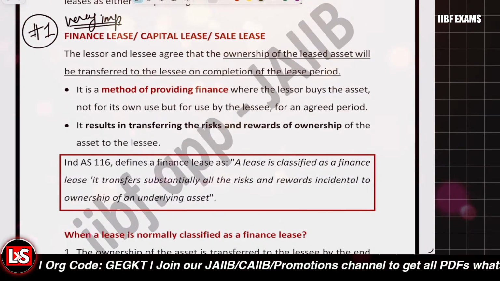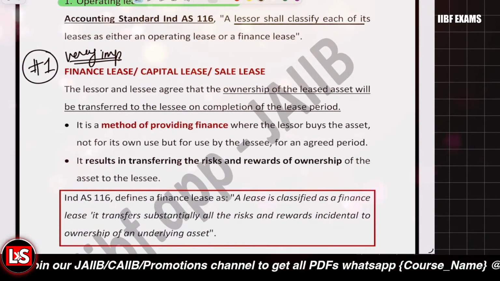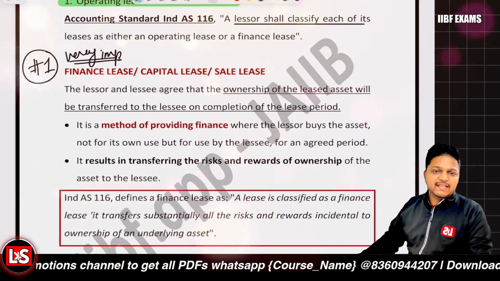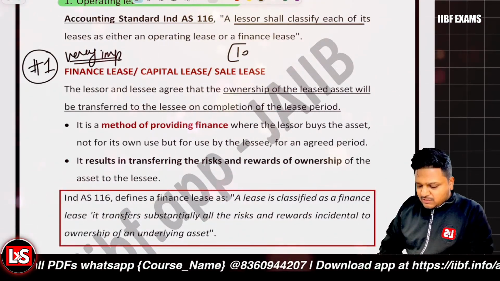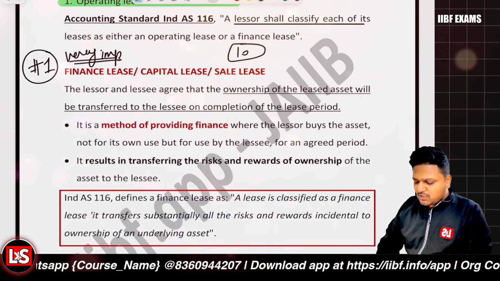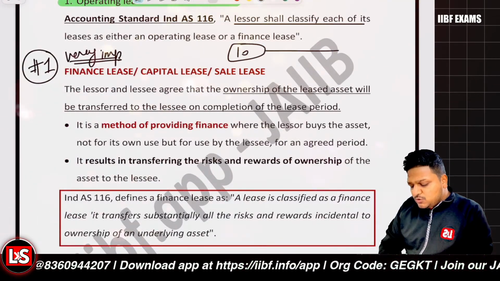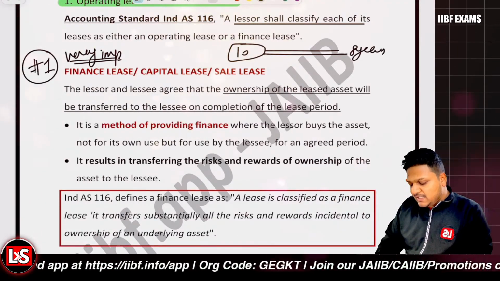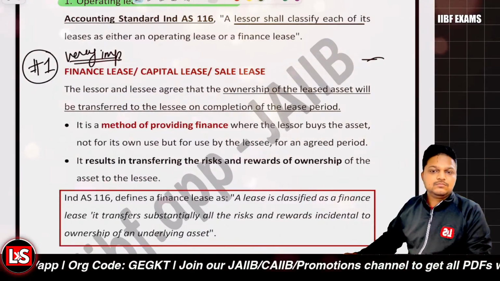Because let's say the useful life of the particular asset was 10 years, and that's a specific asset which can be used by your company only, and you are leasing it for most of the useful lifetime. Let's say you leased it for 8 years or 9 years. So that's basically a finance lease.